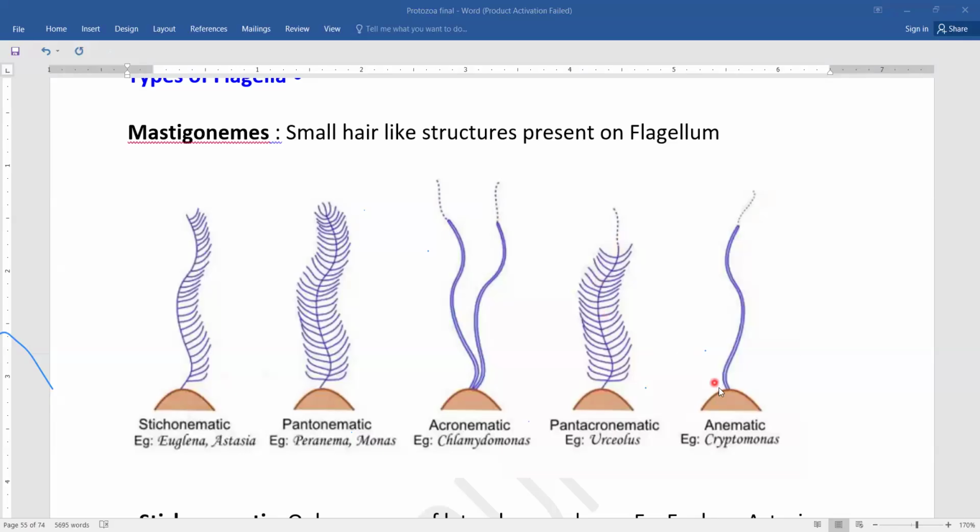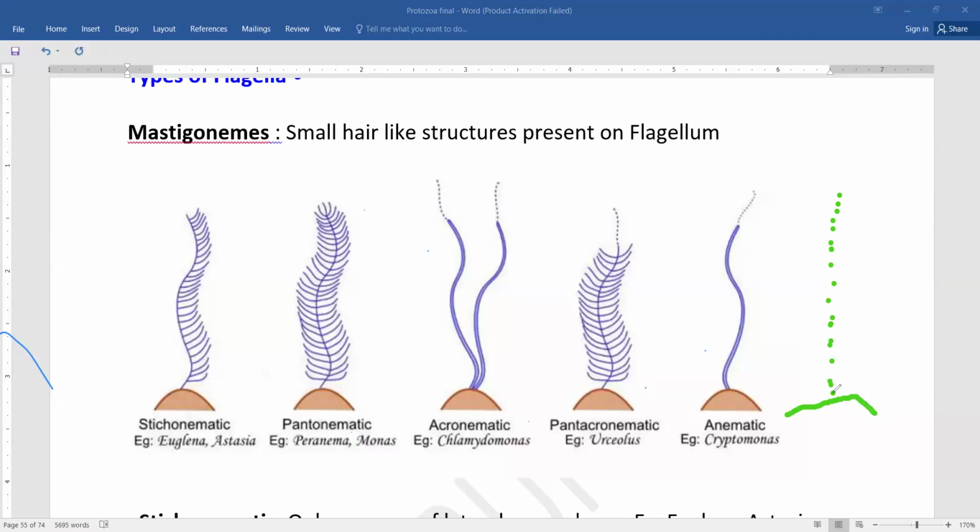Here, anematic: there are no mastigonemes. This diagram is wrong, actually it should be like this. It is very smooth throughout the structure.